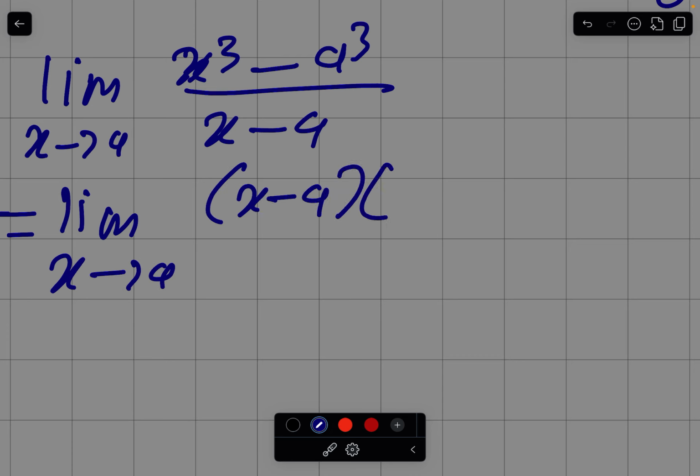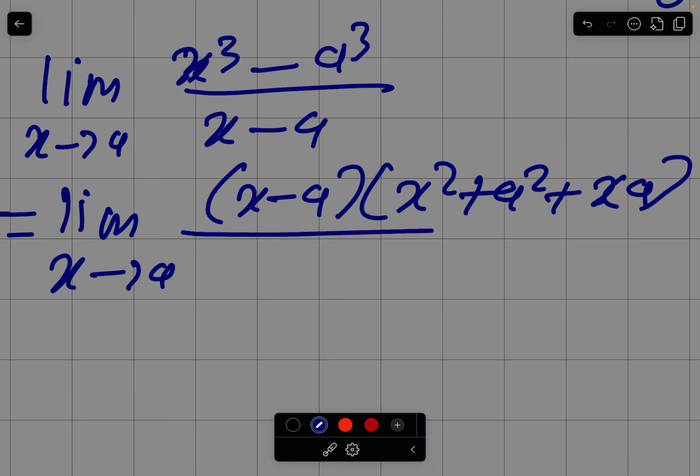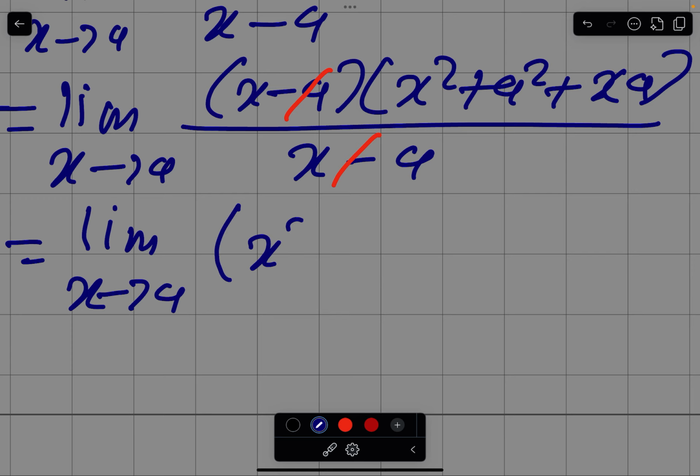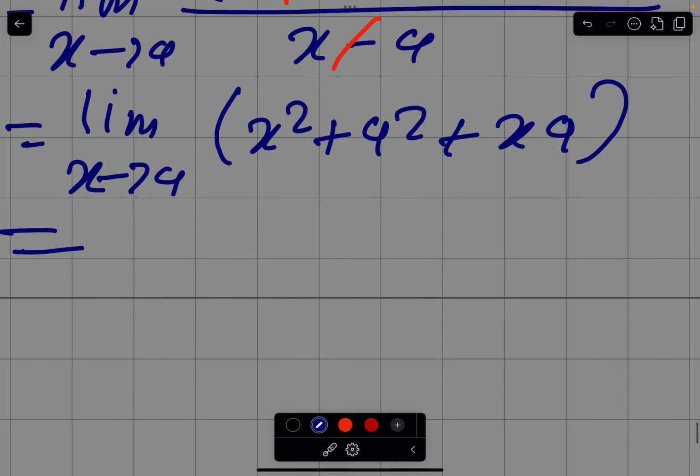You have x minus a, x squared plus a squared plus xa, all divided by x minus a. This one cancels this one. We remain with the limit as x approaching a of x squared plus a squared plus xa. You substitute your values now.